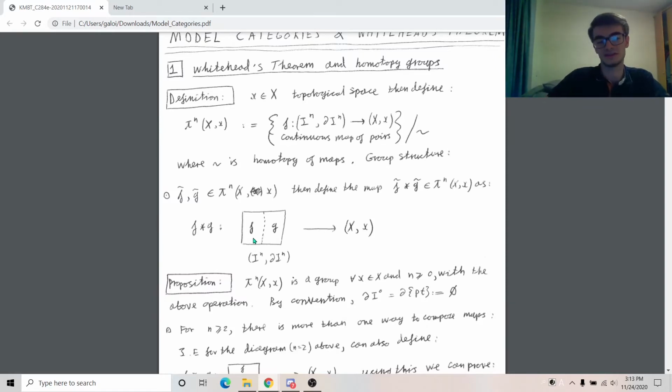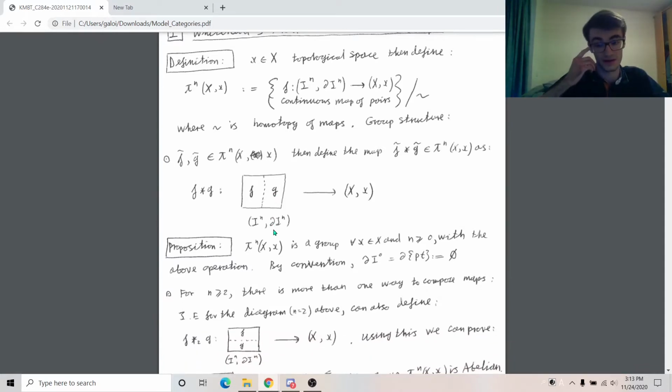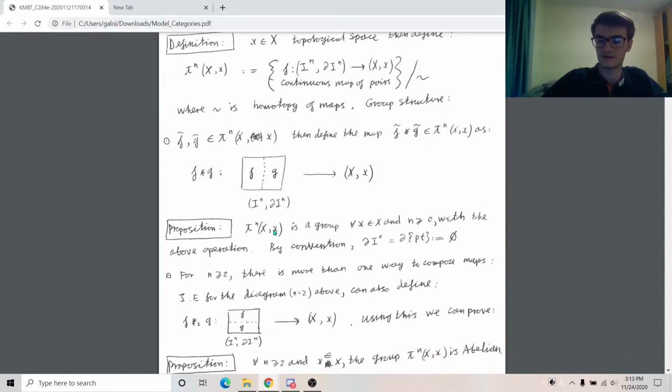You squash the map f and the map g into half their original length, and you fit them into a single hypercube. Note that the boundary still gets mapped to the point x. This is how the group operation is defined, and I claim that pi n is a group under this operation. By convention, the boundary of the 0 hypercube, which is a point, is the empty set.